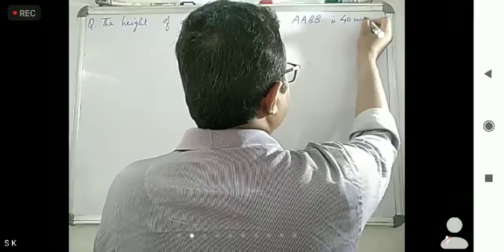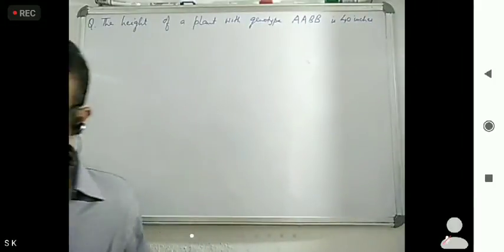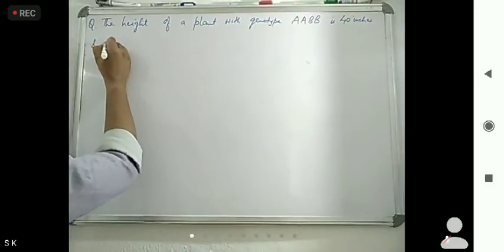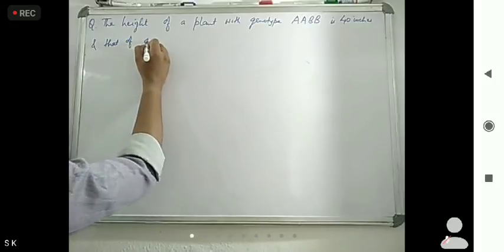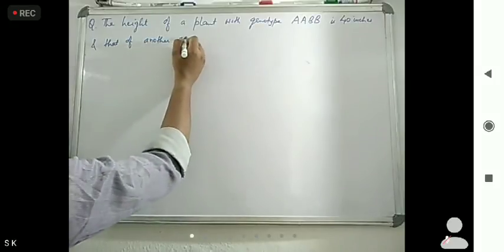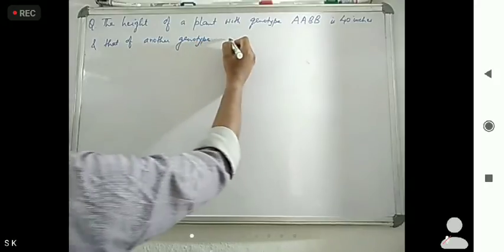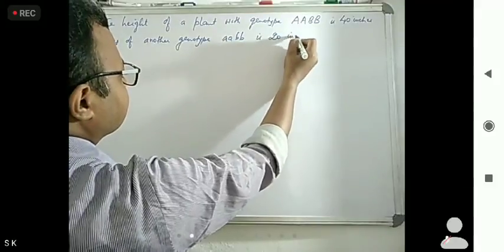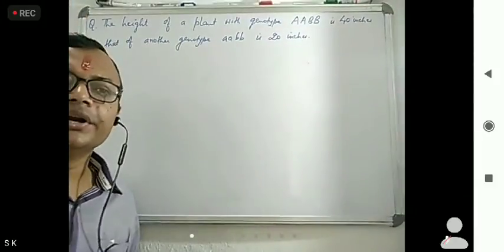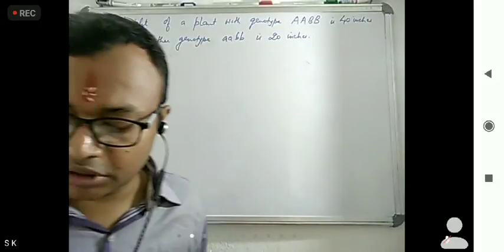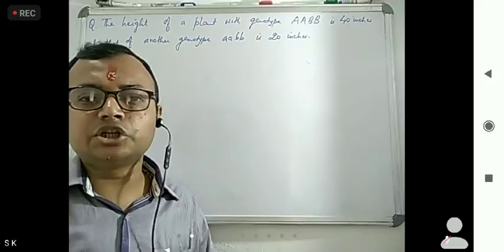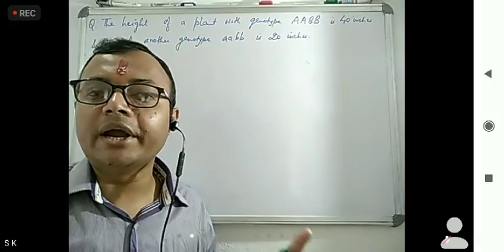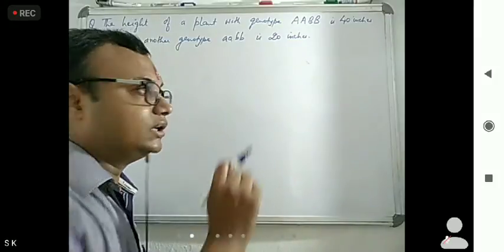And there is another genotype, small a, small a, small b, small b, which is 20 inches. Okay, one is 40 inches, one is 20 inches. Now the question is asking, what is the height of a plant with a genotype if it follows quantitative inheritance?